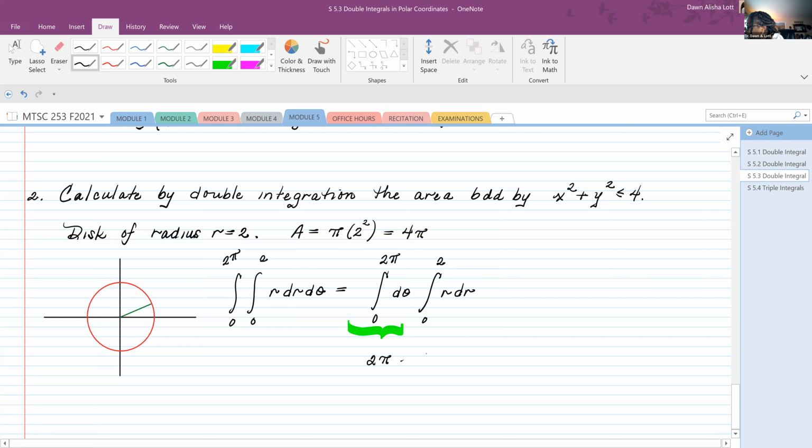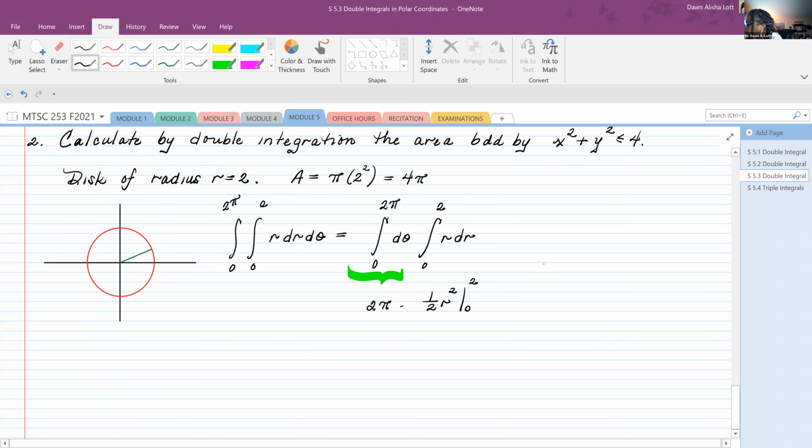And this turns out to be 1/2 R squared, evaluated from 0 to 2. So that turns out to be 2 pi times 2. And again, we get the much desired answer of 4 pi.